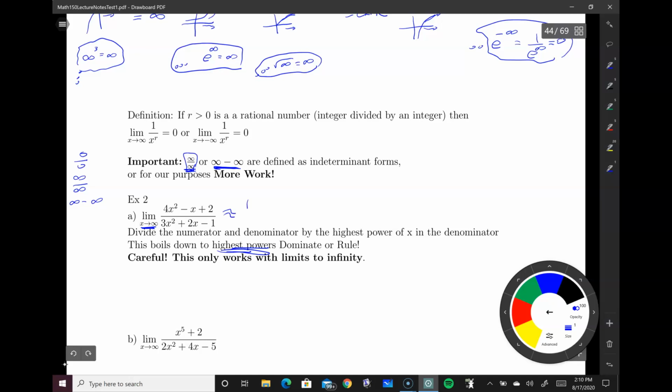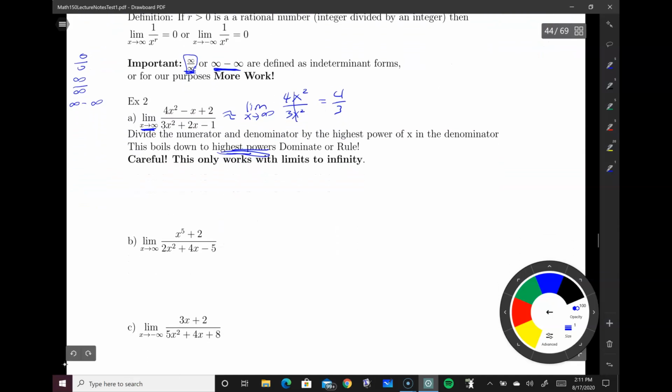So I'm going to say this is approximately equal to, and I put approximately because I am just taking the highest powered terms and all of their coefficients. So here I can cancel the x squareds, and this just gives me 4/3. That's the limit. So for limits as x goes to infinity, use the highest powers rule.